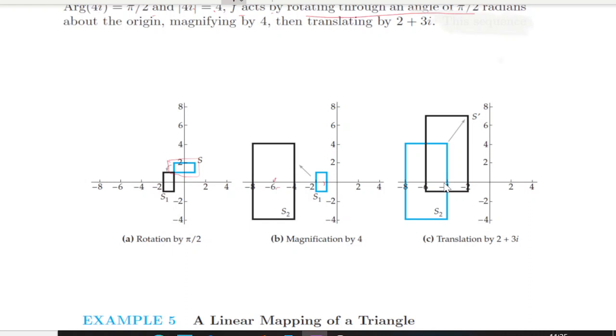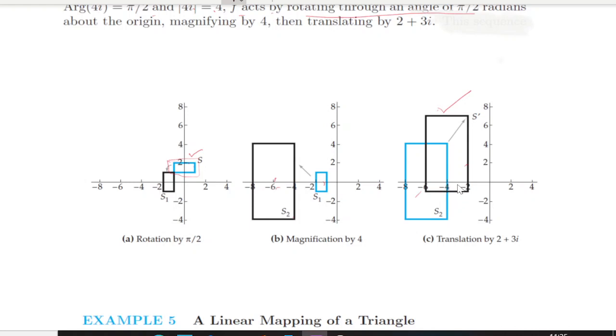So every vertex of this should be translated by 2 plus 3i. So this was the original and we are translating this to this. The blue rectangle was the original, and we have ended with this black rectangle.